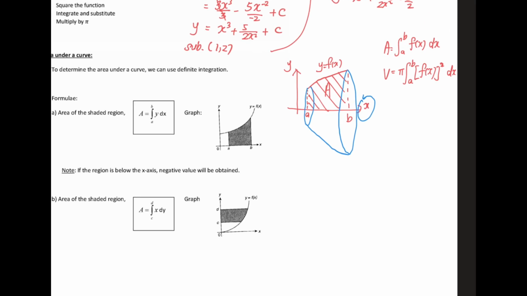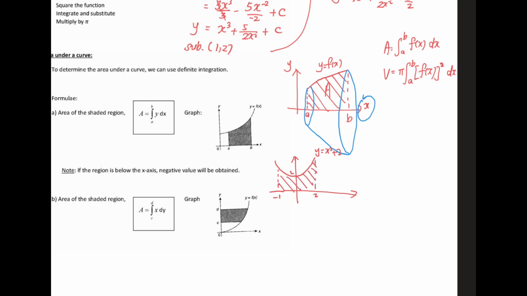Okay, so for example, let's say you have a quadratic graph, y equal to x squared plus 2, where here is 2. Now I want to integrate from -1 until 2.